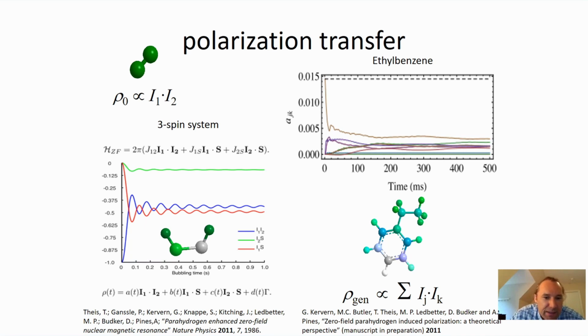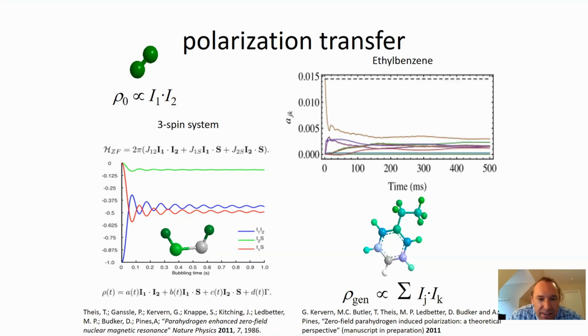If you do the same simulation for ethylbenzene, exactly the same thing happens. You put the singlet state onto 2 specific nuclei, and then you let the system evolve, and what you obtain are singlet pairs, or Ij.Ik, between all possible spin pairs you can imagine.